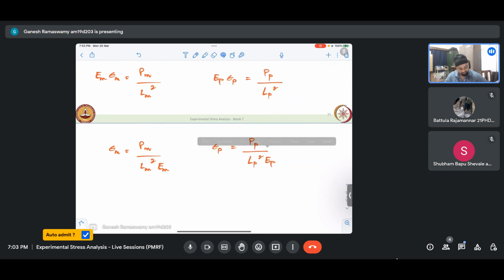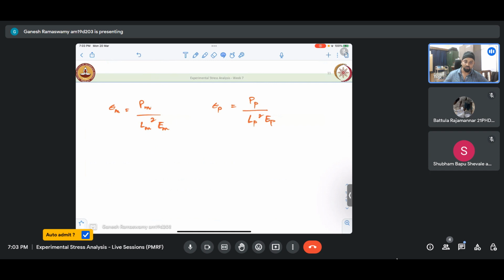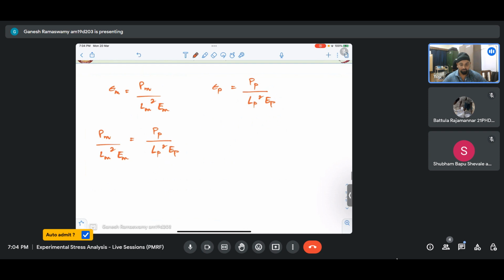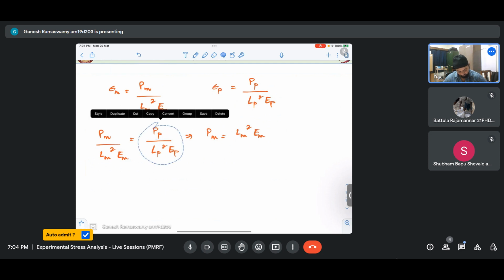Now my idea is to have geometrically similar deformations. So essentially, this ratio must hold in order for me to have geometrically similar deformations. So what would this amount to? My P model is essentially this into this.